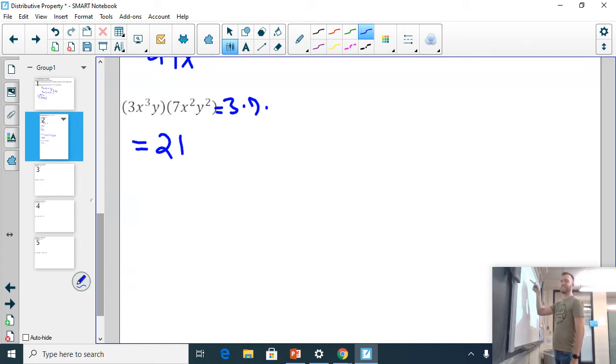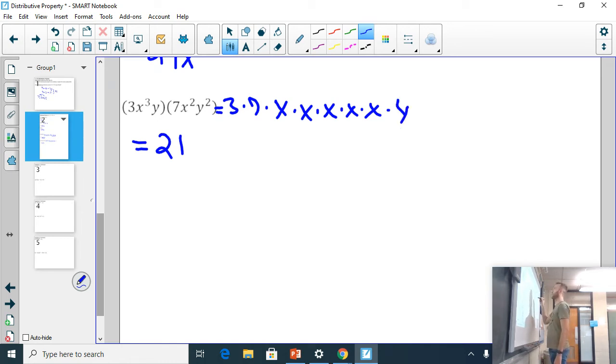Well, then we have x cubed, but isn't x cubed the same thing as x times x times x? And then over here we have x squared, but isn't x squared the same thing as x times x? And then we have a single y from the 3x cubed y. And then on the right side we have y squared, but isn't that y times y.